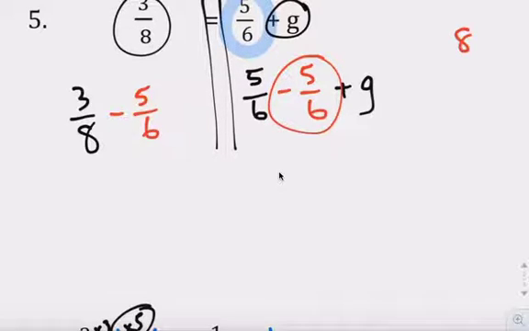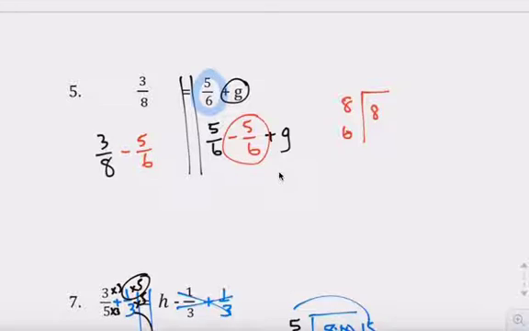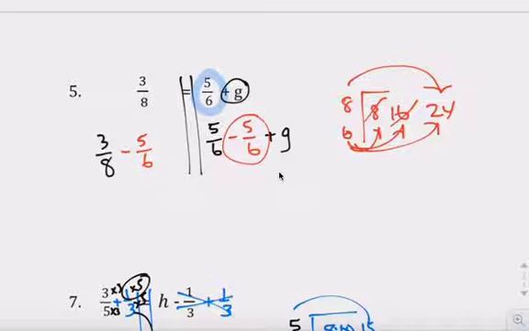Okay, you got 8 and 6, your least common denominator. Let's start counting by 8. 8 here. Nope, 6 cannot go into 8. 16, 6 cannot go into 16. 24, yep, 6 can go into 24 and 8 can go into 24.